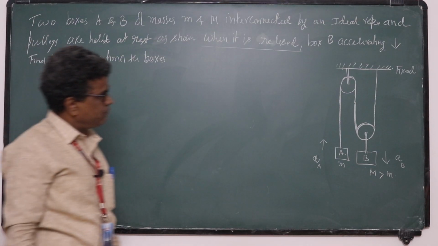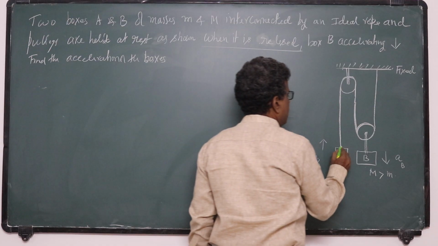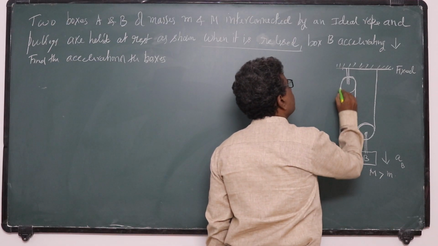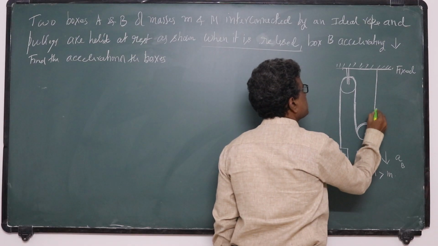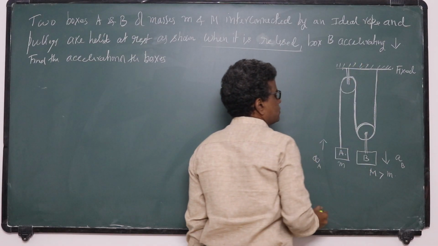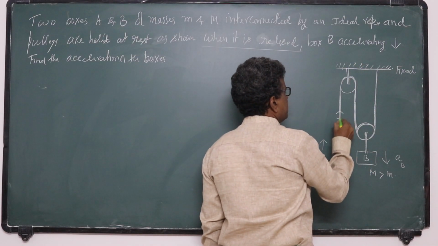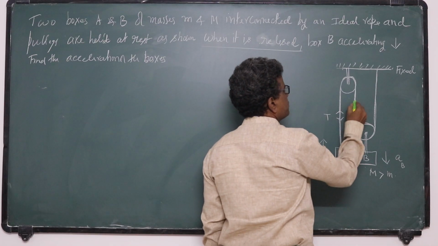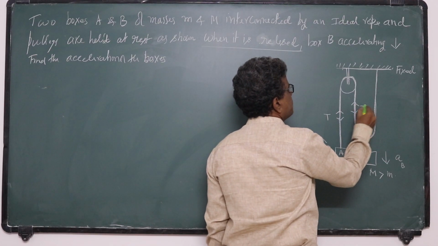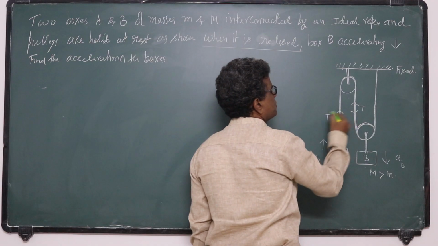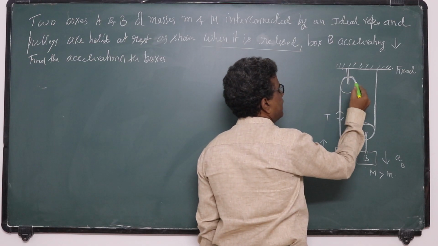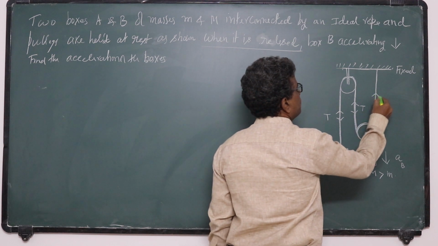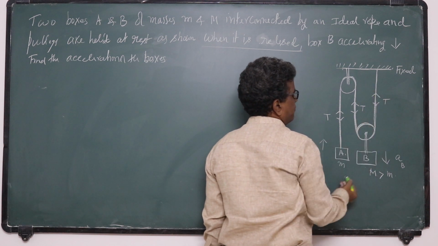So here how many strings are there? Only one string is there. That is passed over two pulleys, isn't it? So let T be the tension in the string. Since the string is ideal, the string tension is same on both sides. If string is ideal and the pulley is ideal, so let T be the tension in the string.